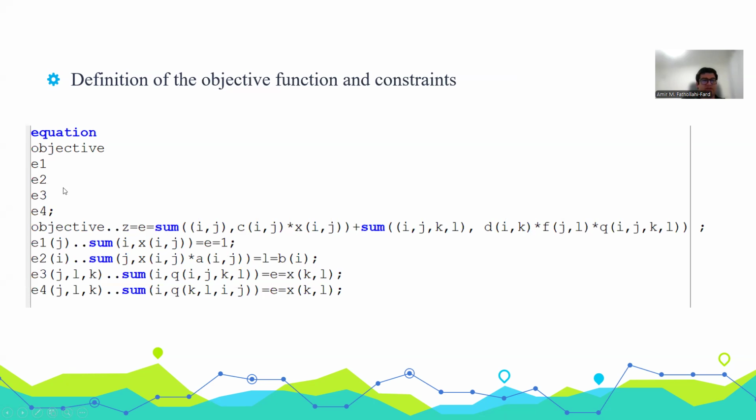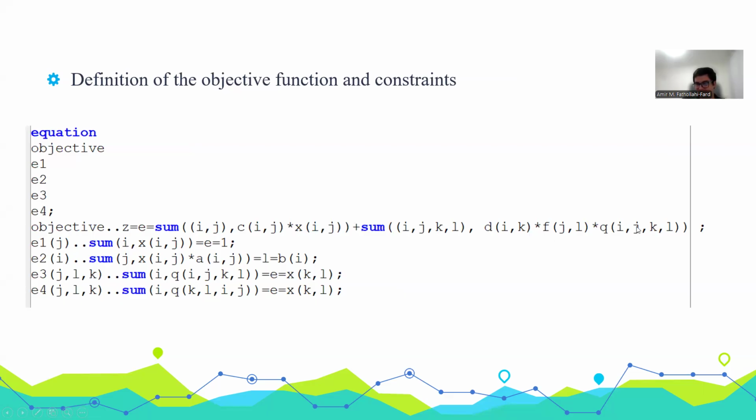The first one I call objective, and the constraints are numbered E1 to E4. After the objective, we write two points, and then Z, which means Z equals the sum of the first term in the objective function and the second term.